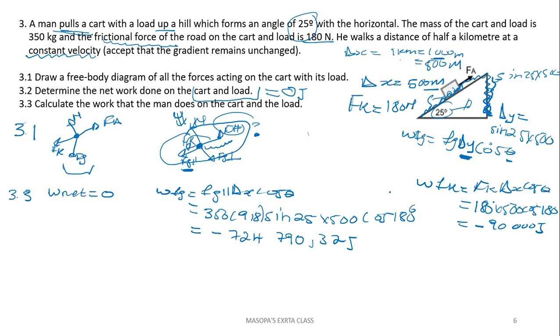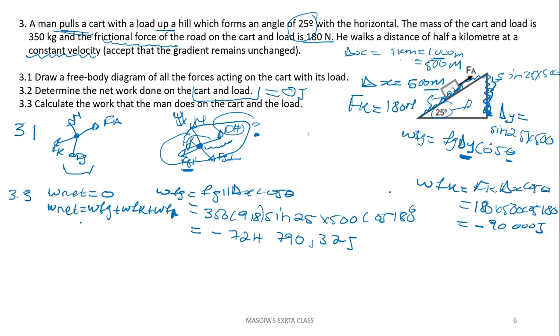Okay. Then remember that we say that the F net is equal to 0, and also remember the work net will be equal to work net by Fg plus work net by the Fk plus work net by the force applied.